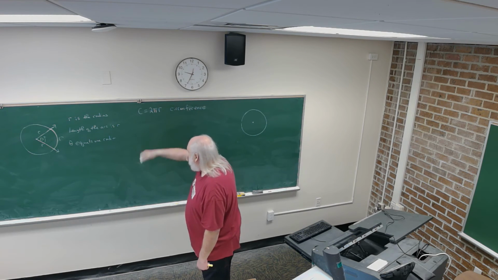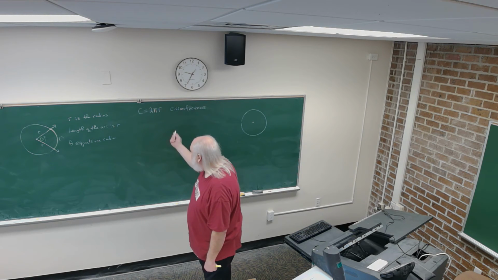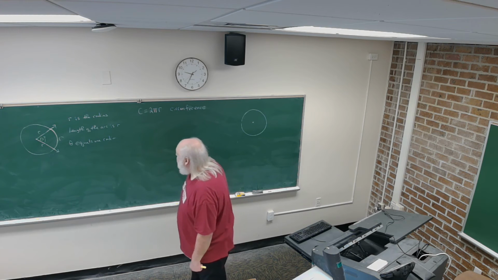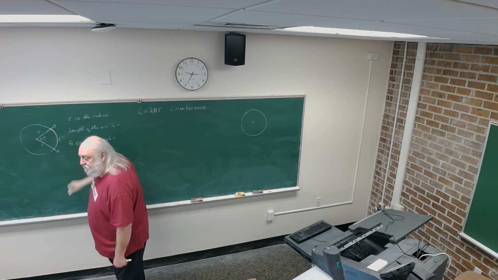So you know that the circumference, the distance around the circle, is equal to 2 times pi times its radius. Well, 1 radian has an arc length of r.